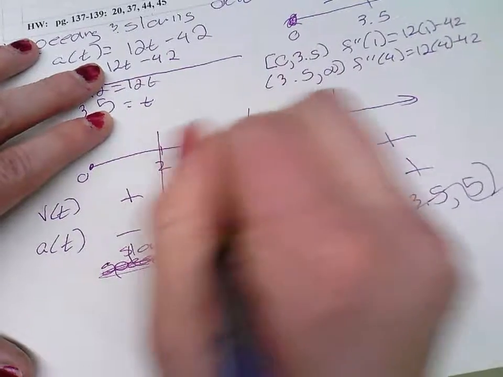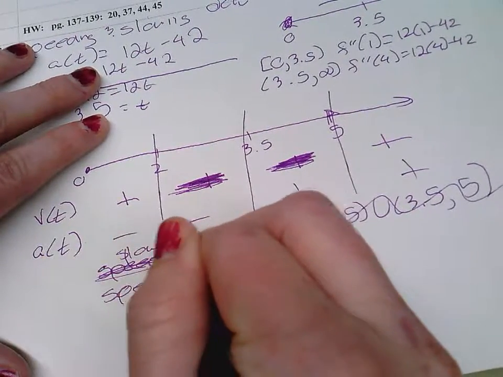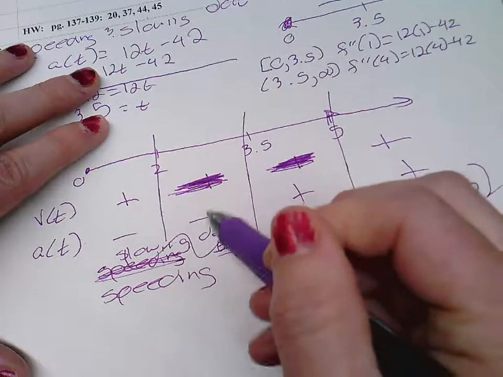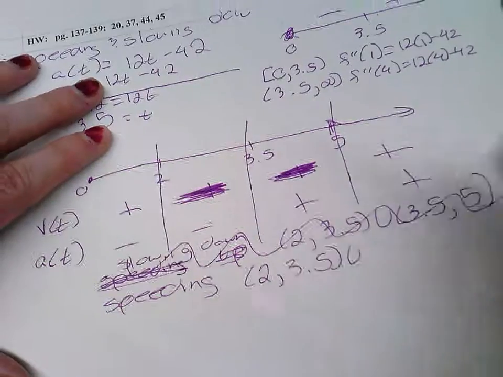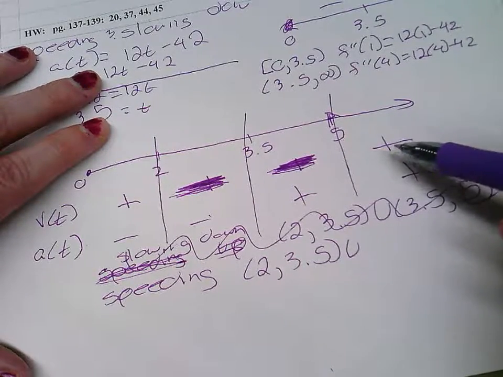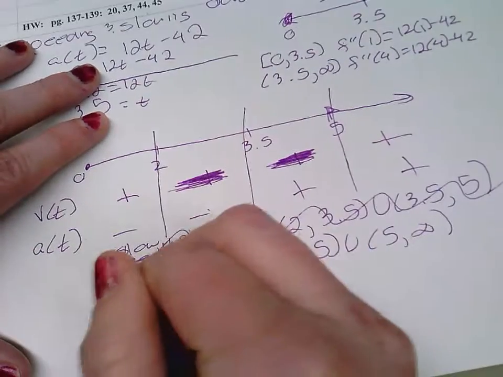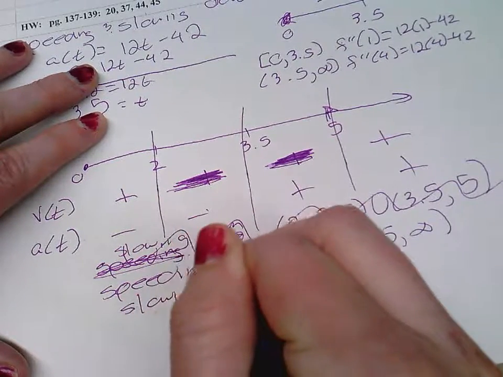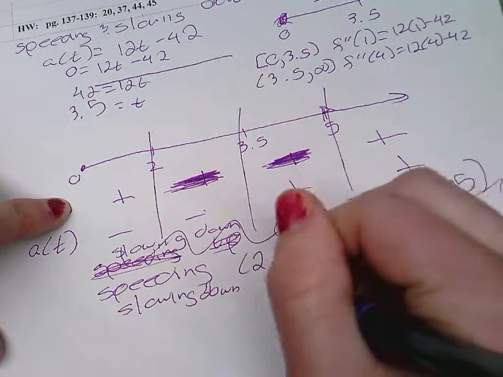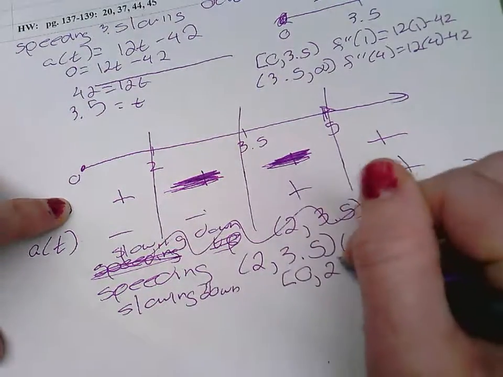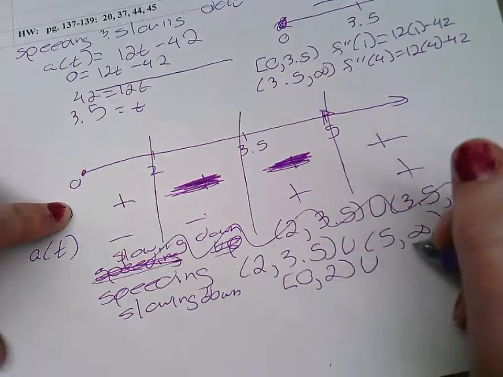That is a negative, that is a negative. Speeding up is when the signs are the same. So you have negative, negative, from 2 to 3.5, and then positive, positive, from 5 to infinity. Slowing down, when the signs are opposite, is going to be 0 to 2 union 3.5 to 5.